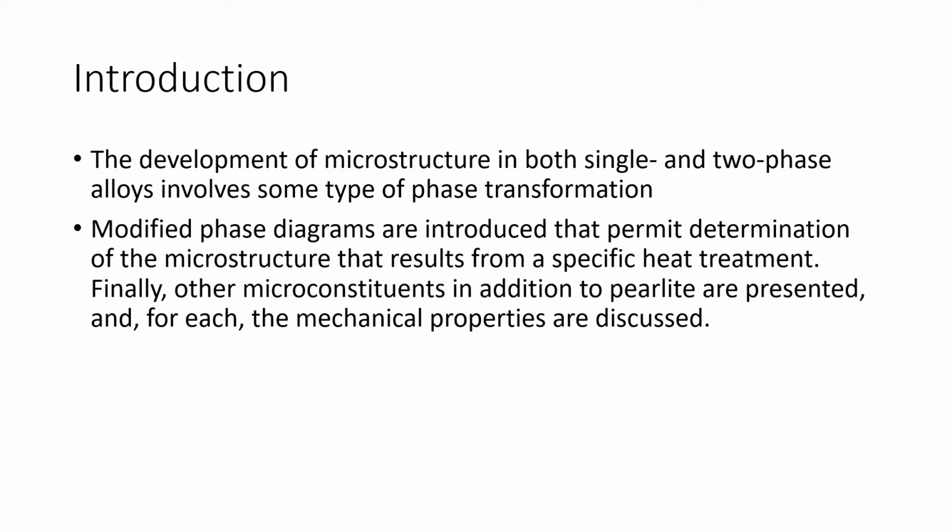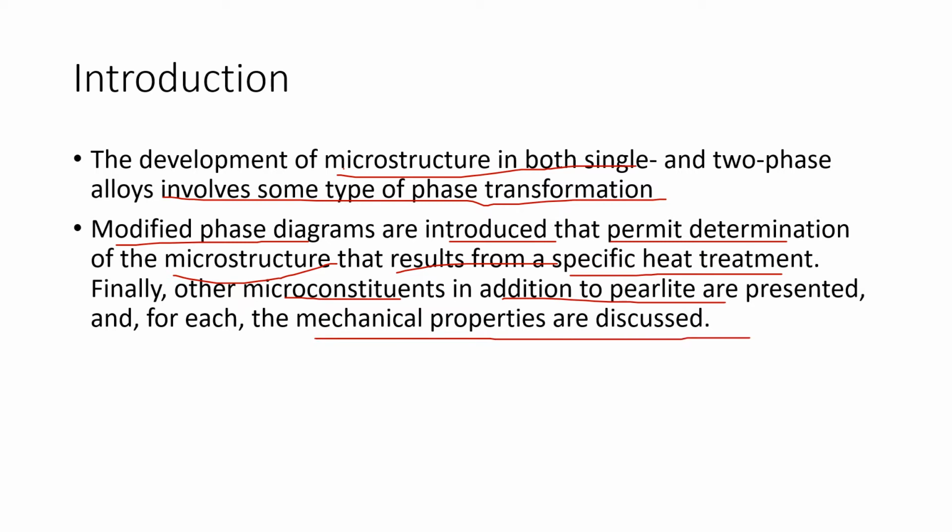So modified phase diagrams are introduced that permit determination of the microstructure that results from a specific heat treatment. Finally, other microconstituents in addition to pearlite are presented, and for each the mechanical properties are discussed in this lecture.